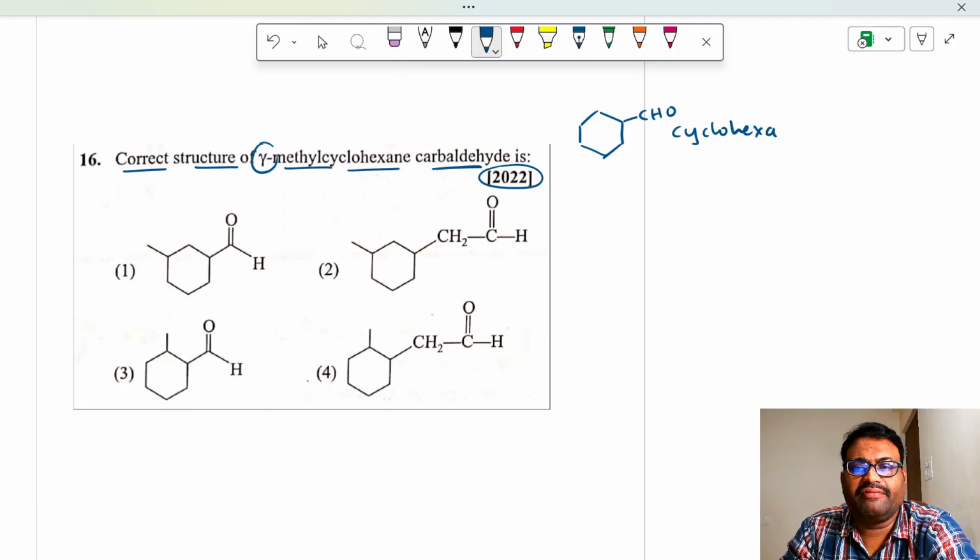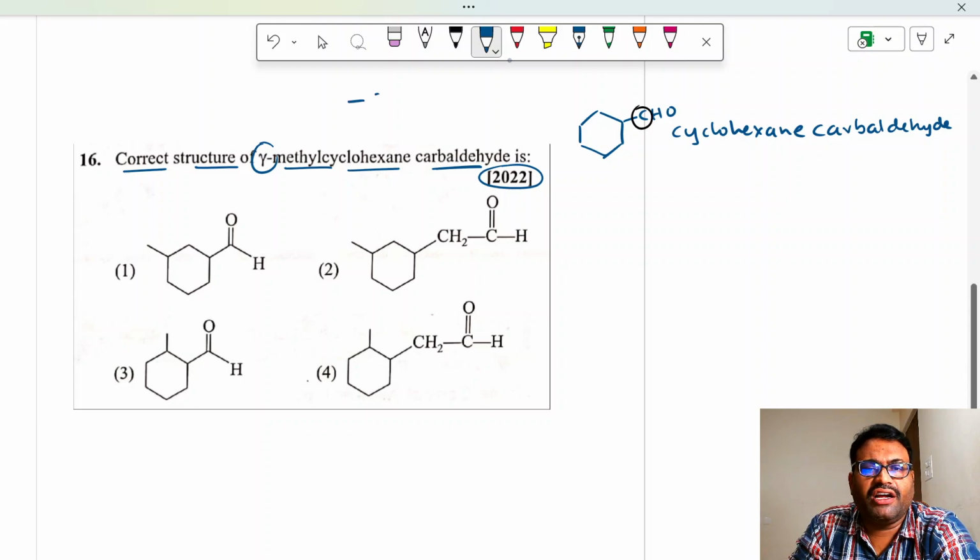Cyclohexane. As this carbon is not coming into the parent chain, that carbon is to be represented here. If you represent that carbon, it is carbaldehyde.